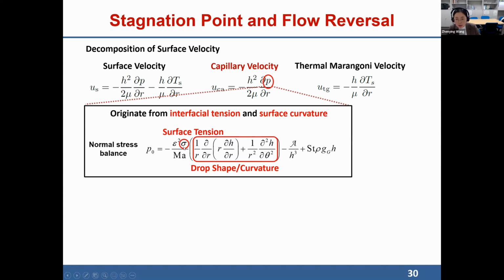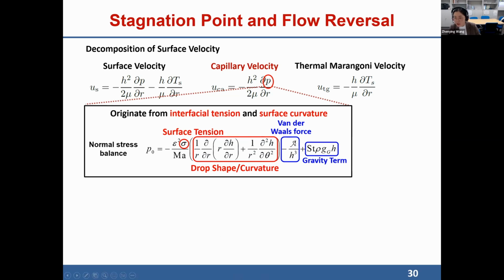It is mainly attributed to the surface tension as well as the droplet shape, the curvature of the liquid-gas interface, as well as some influence from the van der Waals force or the gravity term, which can actually be ignored because they become very small when there is a finite liquid film thickness.